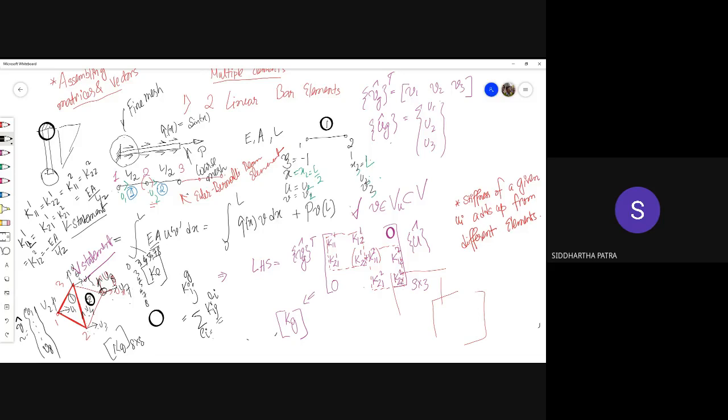And we would be adding all the terms from the elements for a given index to get the value of the global term. Now, this is with the left hand side. What should we do for the right hand side?